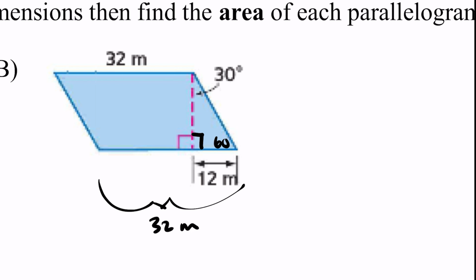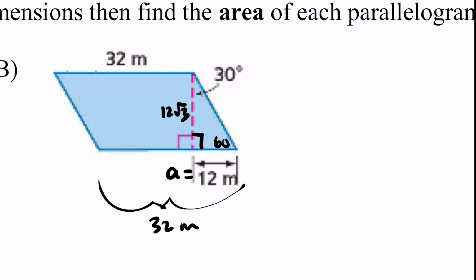And then I need to figure out the height of this thing. So across from 30 degrees, this side here is A. Across from 60 degrees, that has to be A root 3, right? So if this is A root 3 and A is 12, then this side here is 12 root 3.